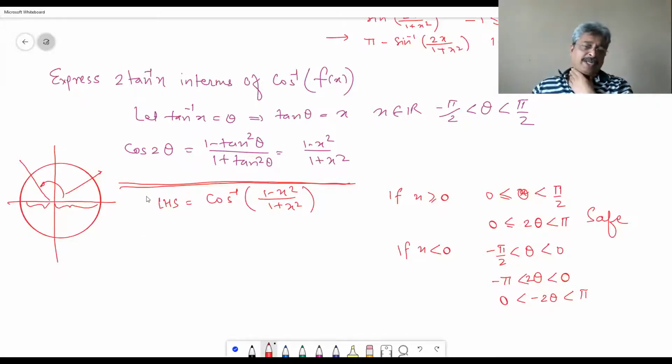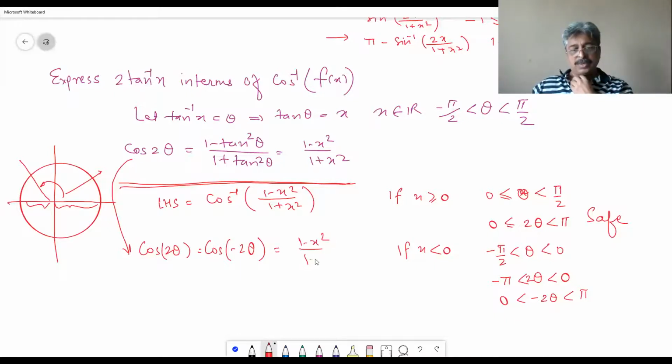trigonometry allows us to write cos of 2 theta is equal to cos of the opposite of 2 theta, which is equal to (1 minus x square) upon (1 plus x square).